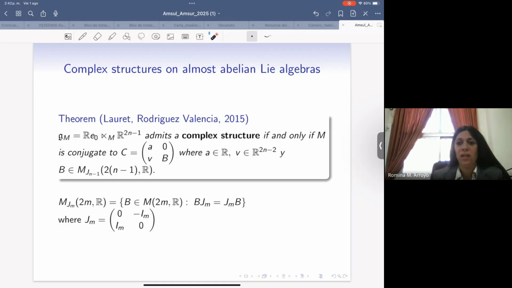Okay, so the idea of the following is to try to understand how this set looks, and once we understand this, we will try to understand what happens with this matrix up to conjugation.